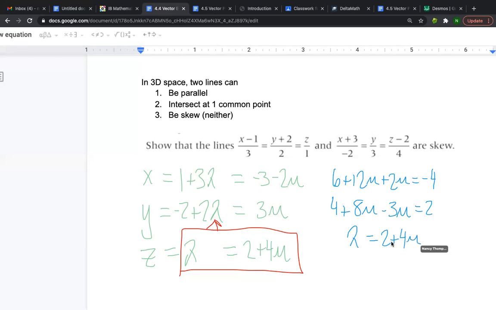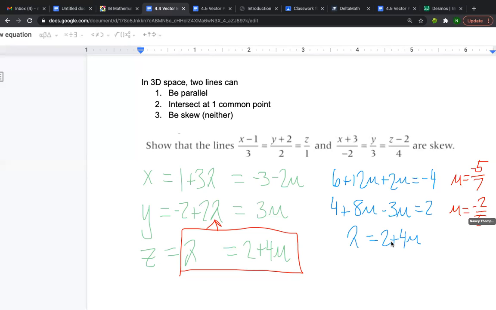Math happens. You should get here that mu is equal to -5/7. And here you get that mu is equal to -2/5.